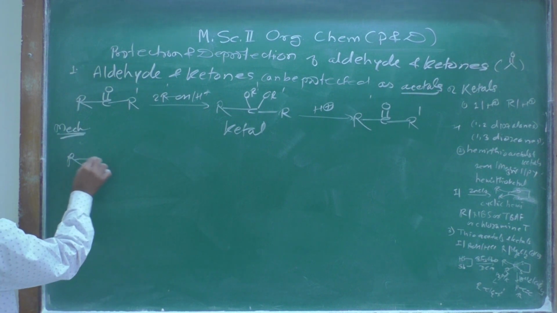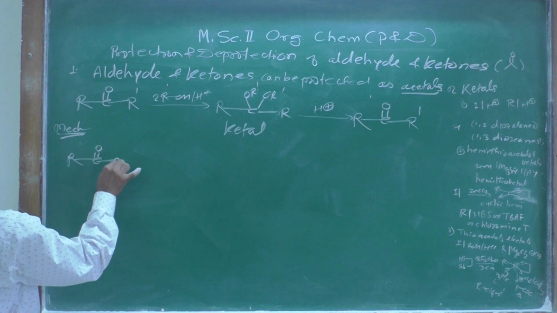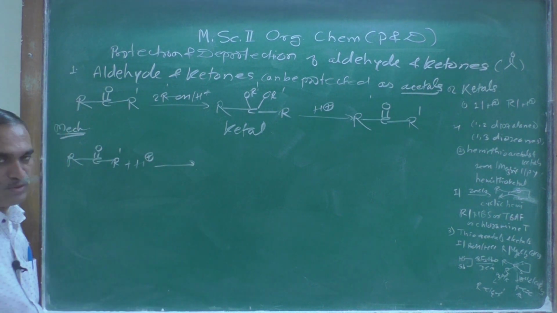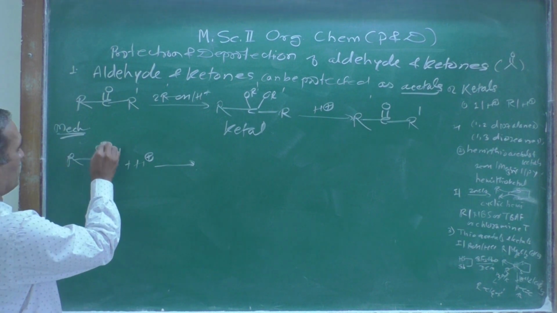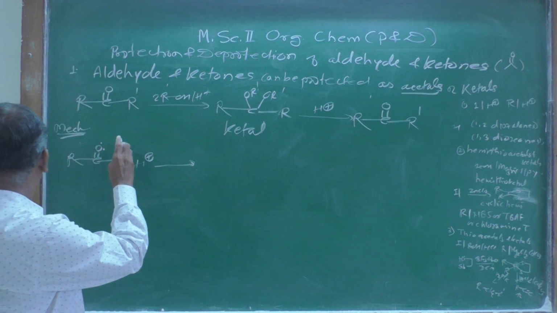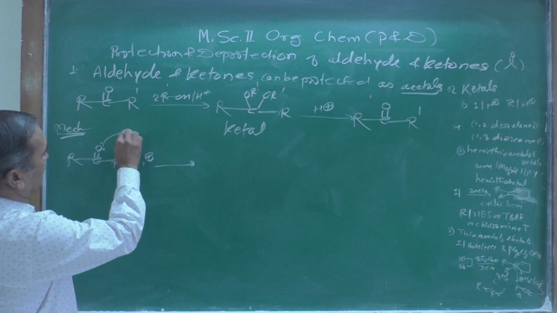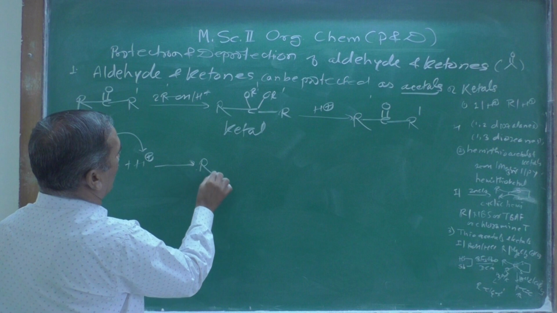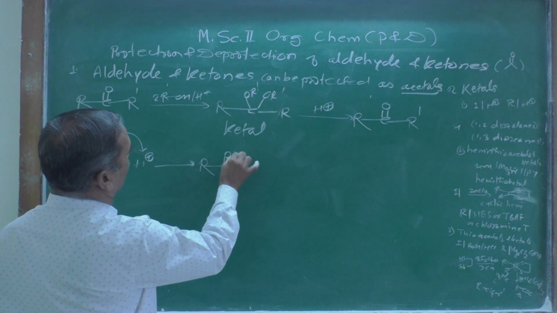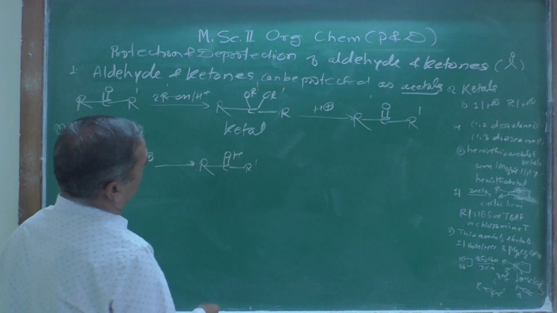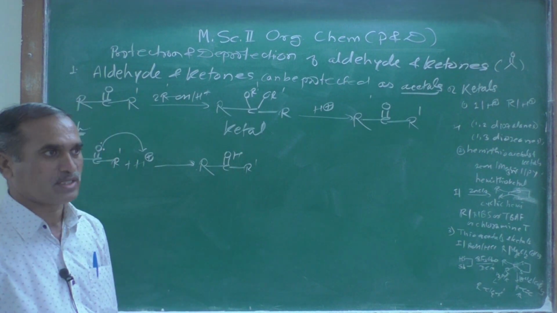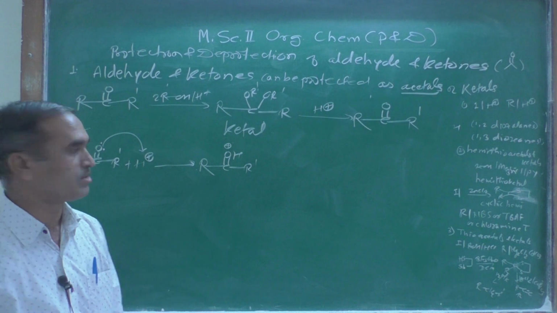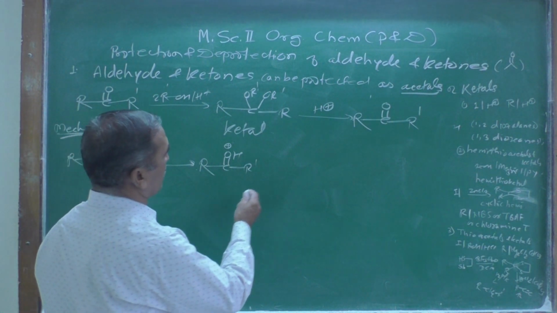Here, as we know that R C double bond O R dash plus H plus. As usual, we know that the lone pair which is present on the oxygen atom will pick up the proton, and you are going to get here R C double bond O H, then R dash. Look at here, oxygen has 3 bonds, therefore positive charge on that oxygen atom.